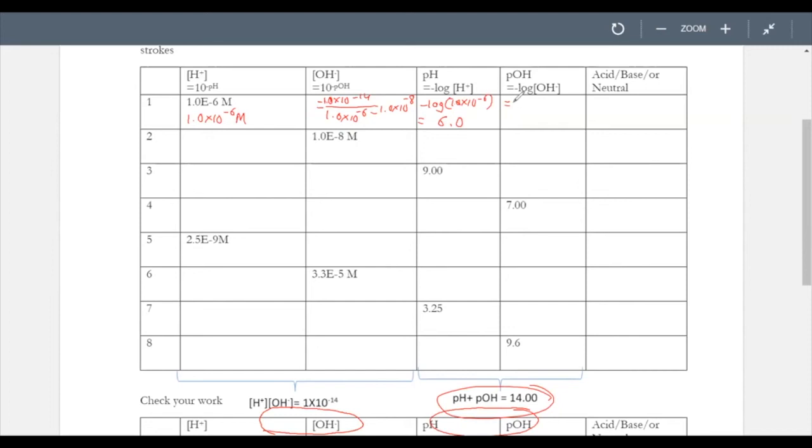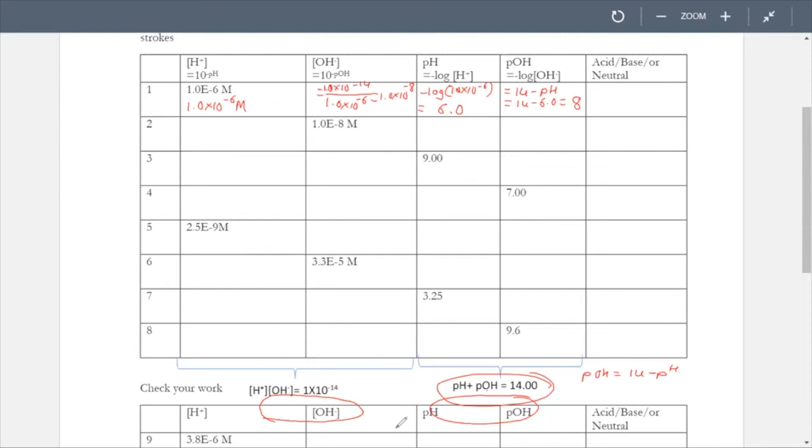When you rearrange, what do you get? pOH is equal to 14 minus pH, right? So it is going to be 14 minus pH is equal to 14 minus 6.0 is equal to 8. So now can you tell whether it's acid, base, or neutral? Well, we can tell that it's a base.